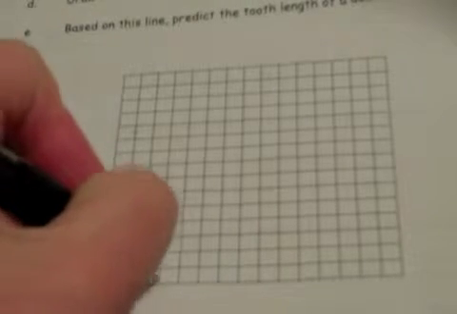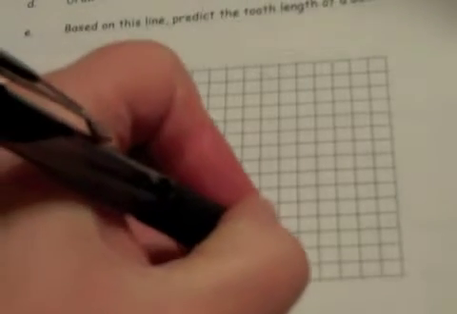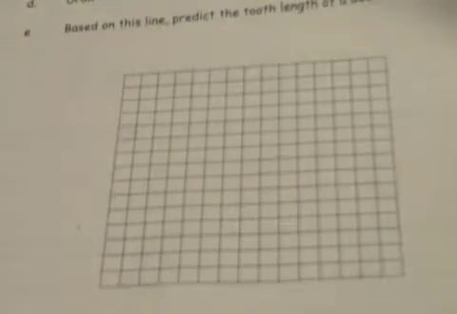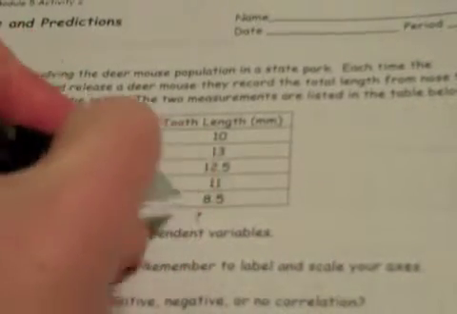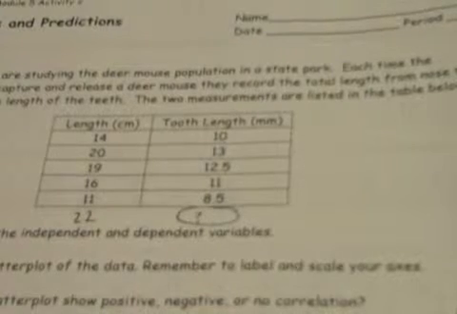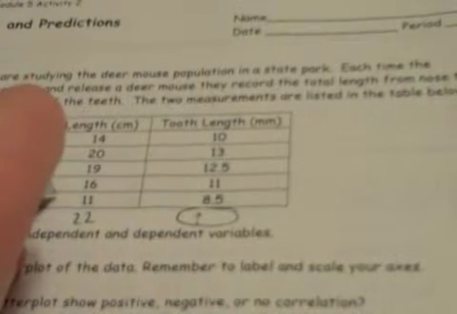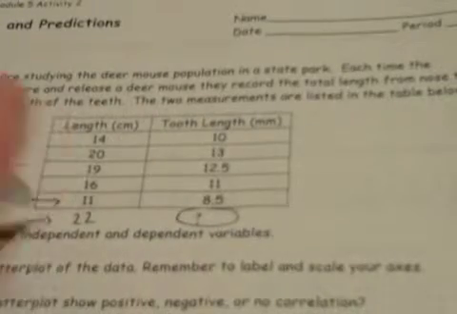There are 15 boxes going across, and 15 boxes going up. We're going to want to predict the tooth length of a deer mouse that's 22 centimeters long. So I'm actually needing to go from 11 to 22, which is a distance of 11.